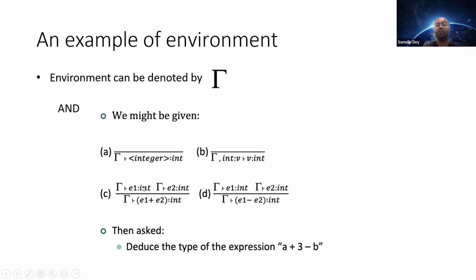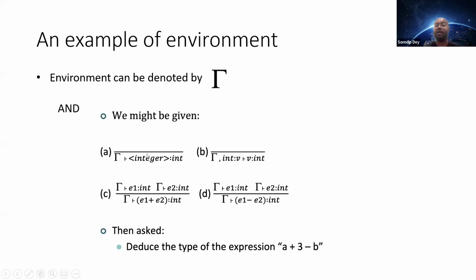And then, given the environment of the program accepts E1 and E2, which are also of integer type, you can perform E1 plus E2, which itself is also an integer type. Another rule is that if E1 is an integer and E2 is an integer, and you perform E1 minus E2, then the type is again an integer.